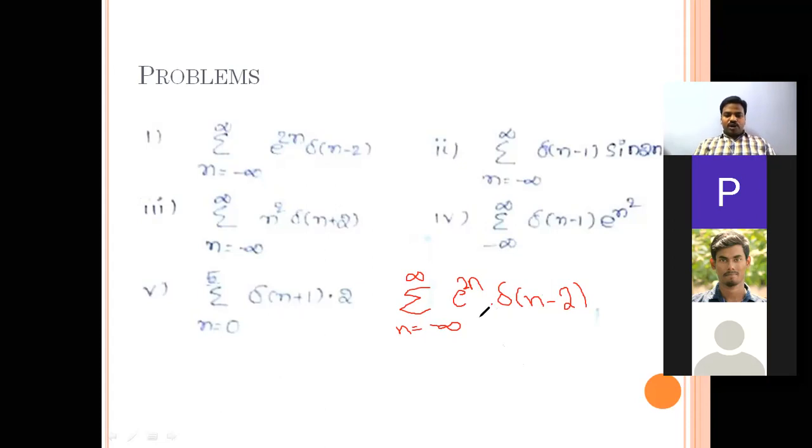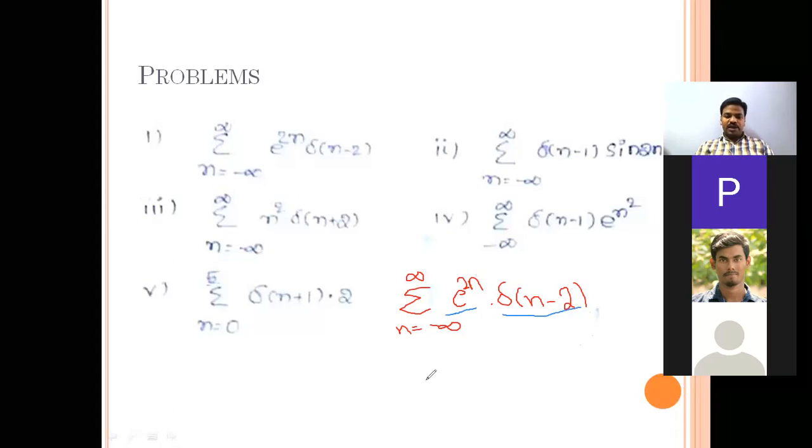Now please clearly see this problem. This is the multiplication of two signals. The first one is e power 2n and the second one is delta of n minus 2. If any function is multiplied by an impulse function, you will get that function only at a prescribed time instant.